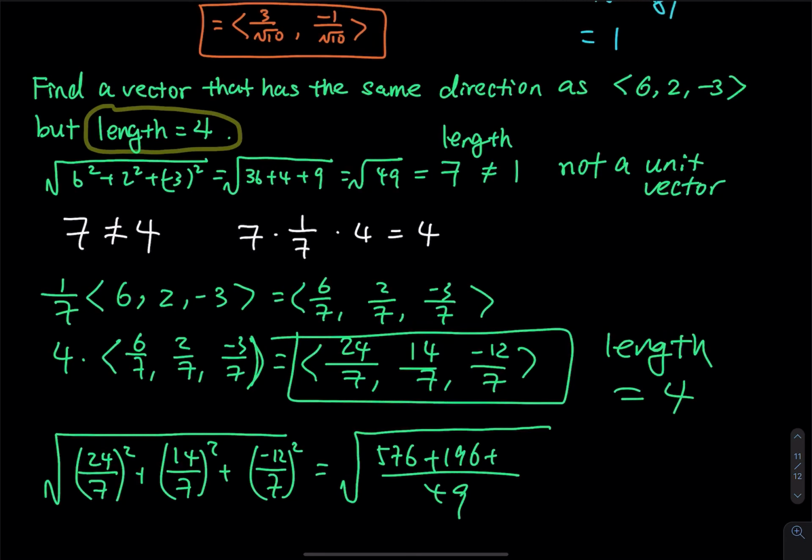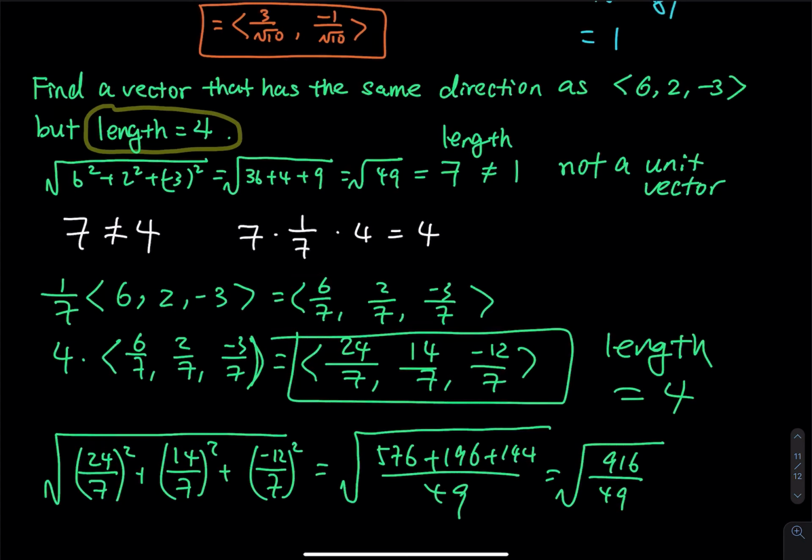And then 12 times 12 is 144. So you have 576 plus 196 and then plus 144. So that is equal to the square root of 916 divided by 49. Did I do the math right? 916. Okay, so let me double check because I don't see it equal to 4 right there.